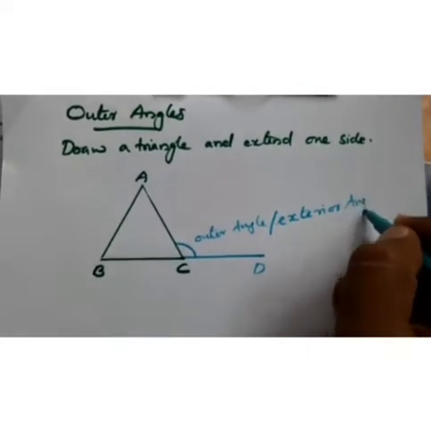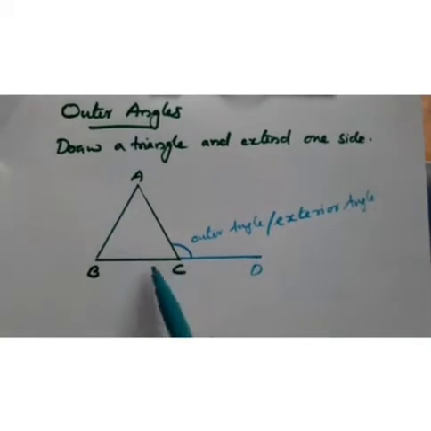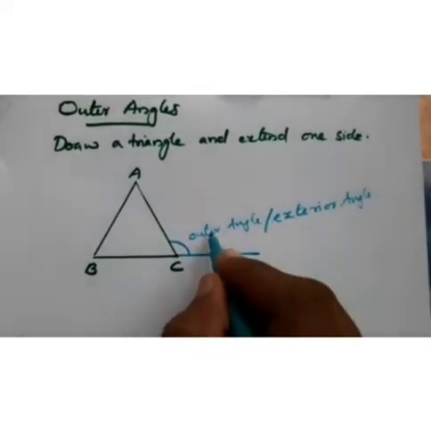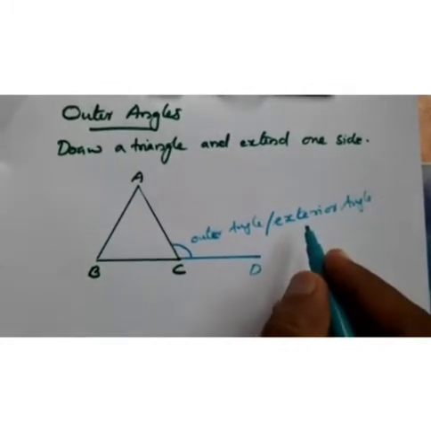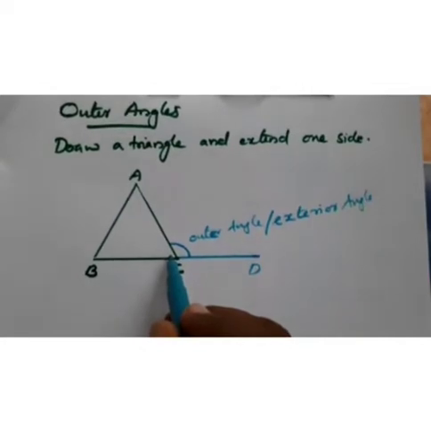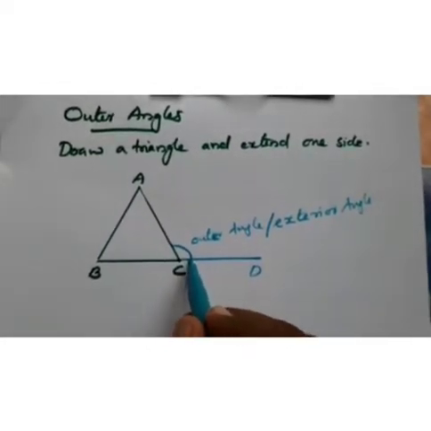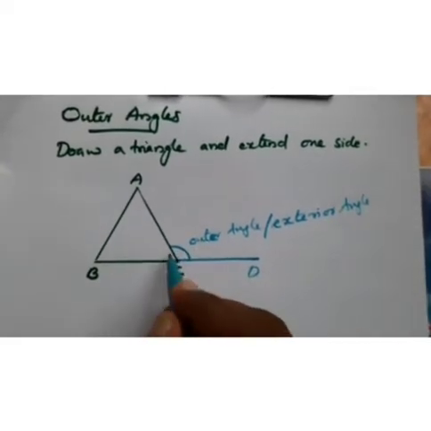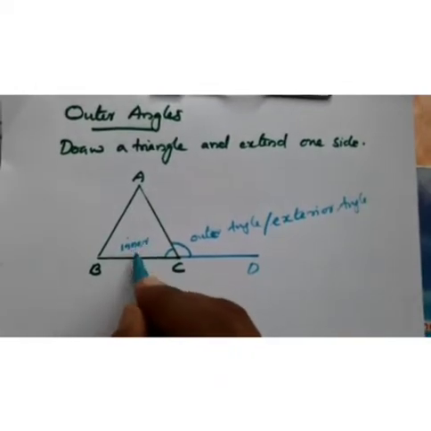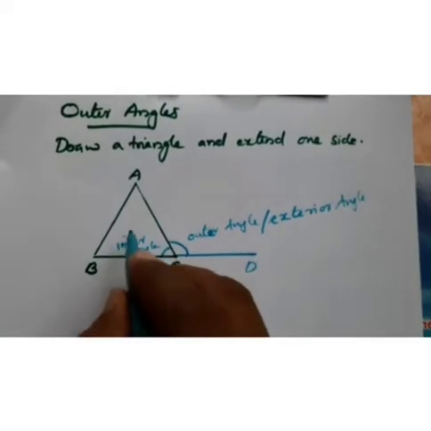exterior angle. So if we extend one side of a triangle and we get an angle outside, that is called the outer angle or exterior angle. Then the angle of the triangle at C itself, here at C, this is called the inner angle or interior angle.